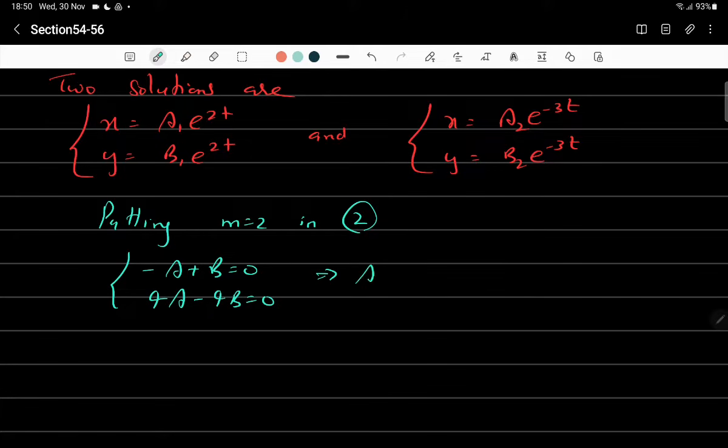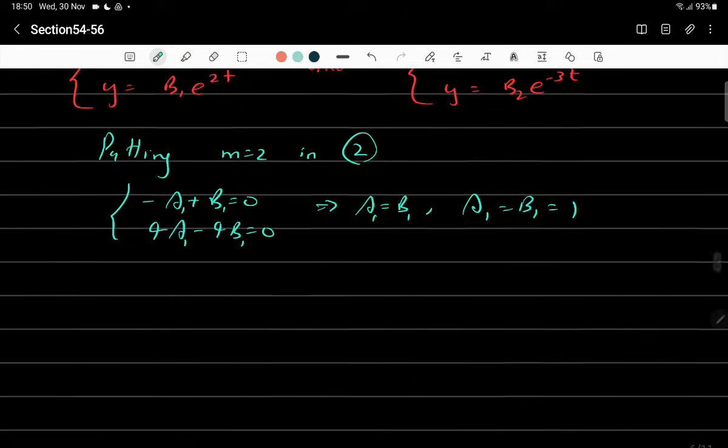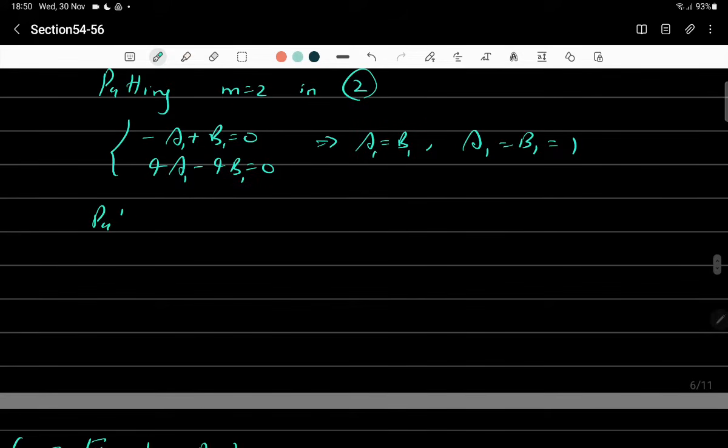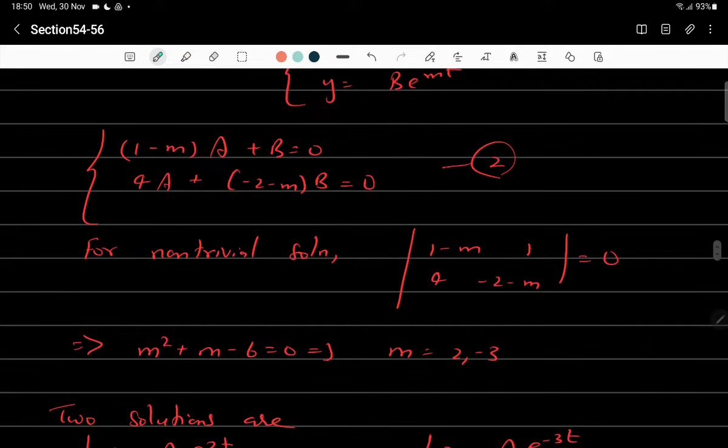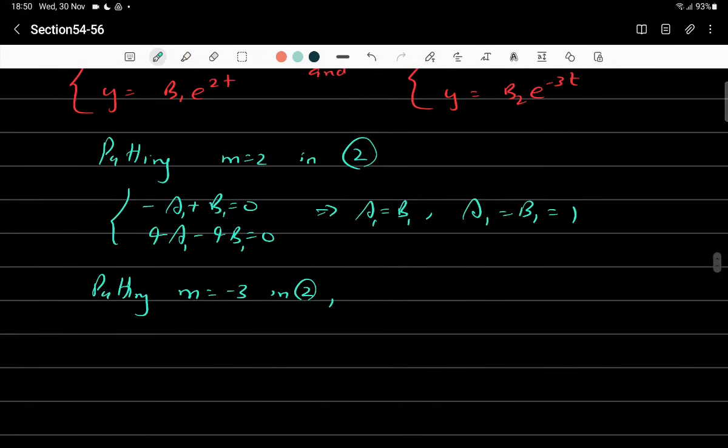So from this you will get a is equal to b, so you can choose any value. Instead of a, b let's write a1, b1, and so a1 is equal to b1, so let's choose a1 and b1 equal to 1. Similarly, putting m is equal to minus 3 and substituting, you will get 4a plus b is equal to 0, and the second one is also the same.